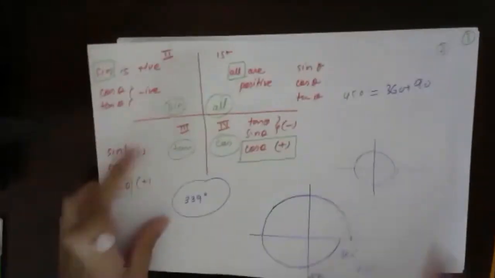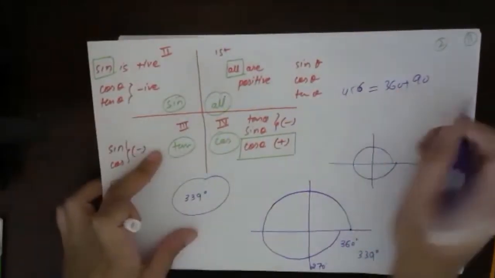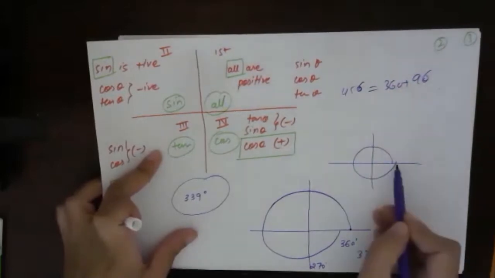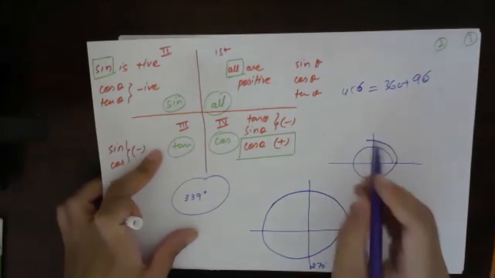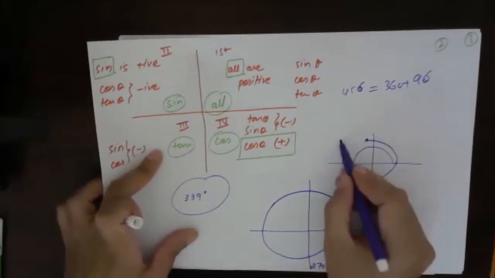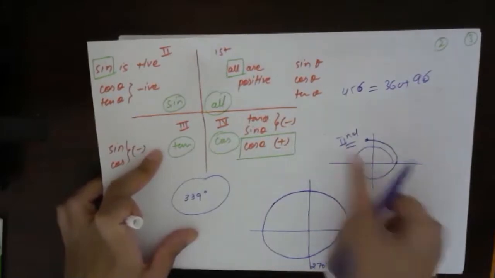That means once you have moved a complete circle, then 90 degrees more. That means you are in which quadrant? You are in the second quadrant.